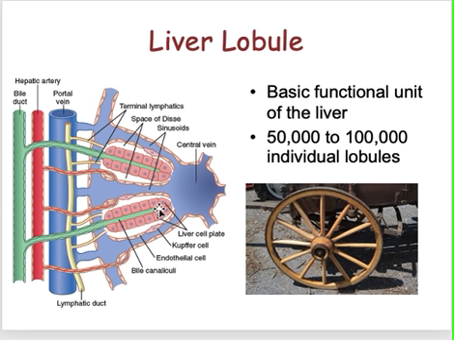Under the microscope, the liver lobule looks like the spokes of a wheel. The center corresponds to your central vein, and the sinusoids correspond to the spokes of the wheel.